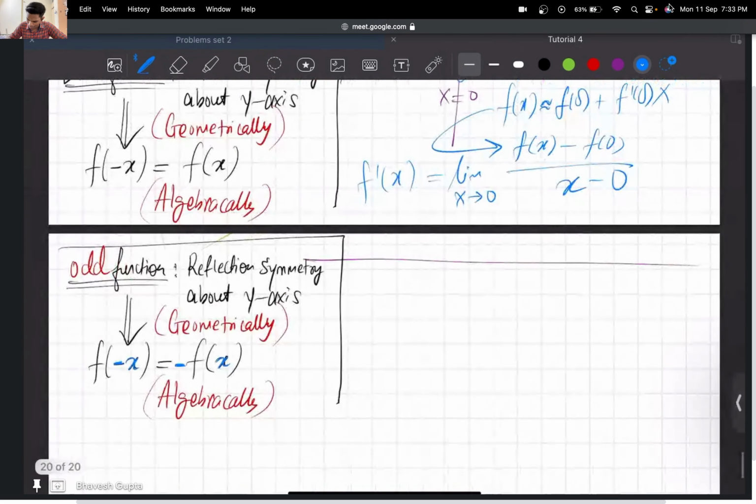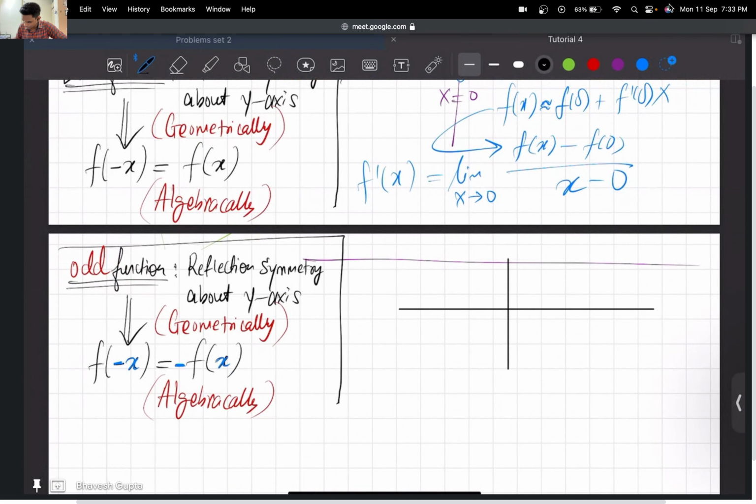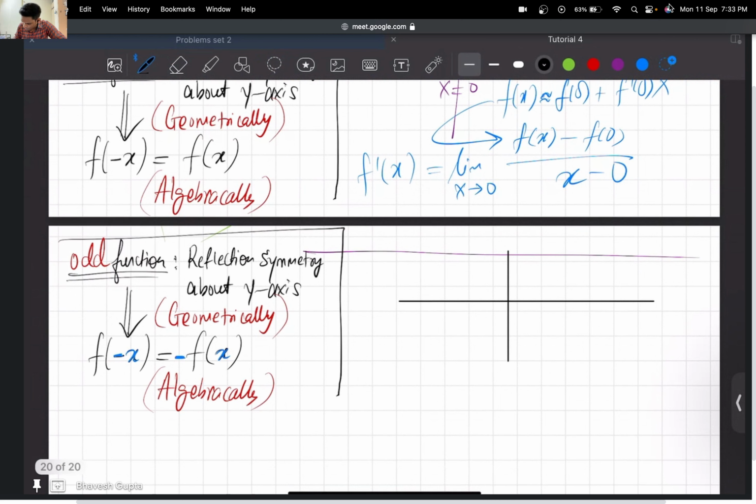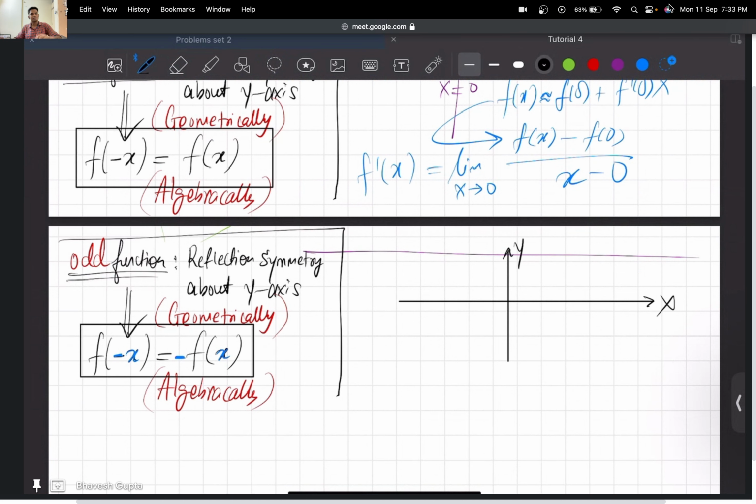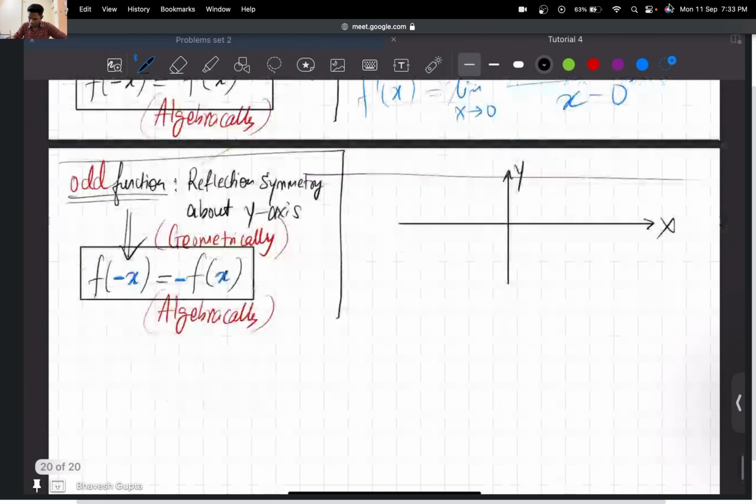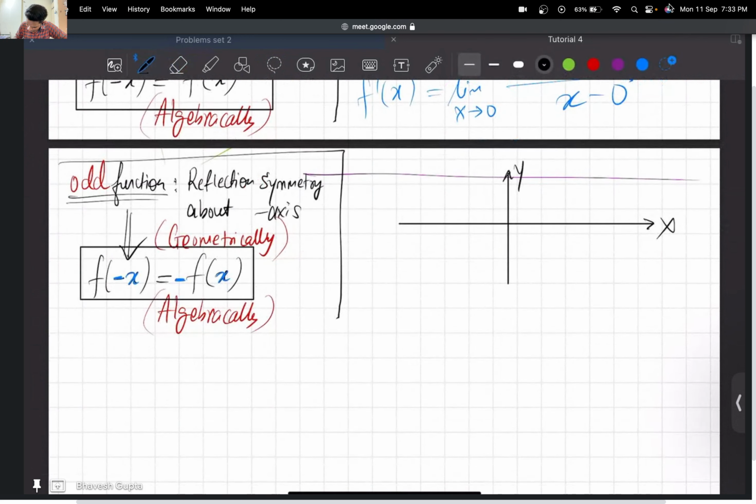Let me show you how you can see them. For example, this is your y-axis and this is your x-axis. You can see the even function is nothing more than a reflection about the y-axis. And this is an anti-reflection, not actually about the x-axis, I should say with respect to the origin, about the origin.